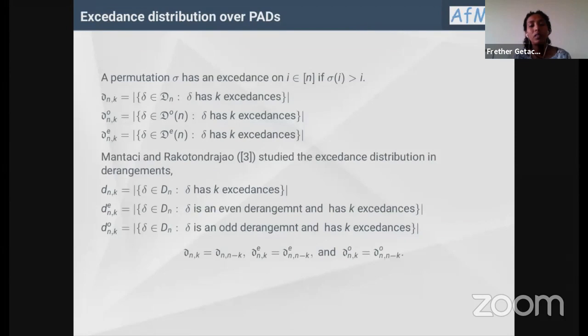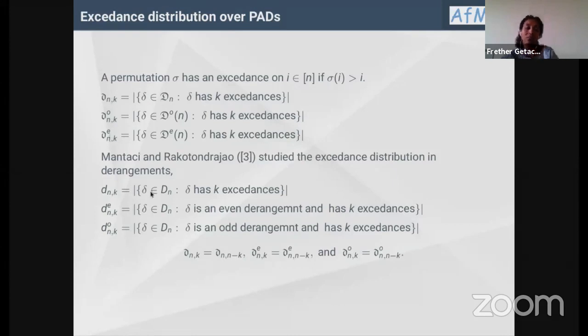We also studied these parts with a statistic called excedance. A permutation sigma has an excedance at i if sigma of i is greater than i, and we give these notations for the number of parts over n having k excedances, and depending on their parity we have given this.